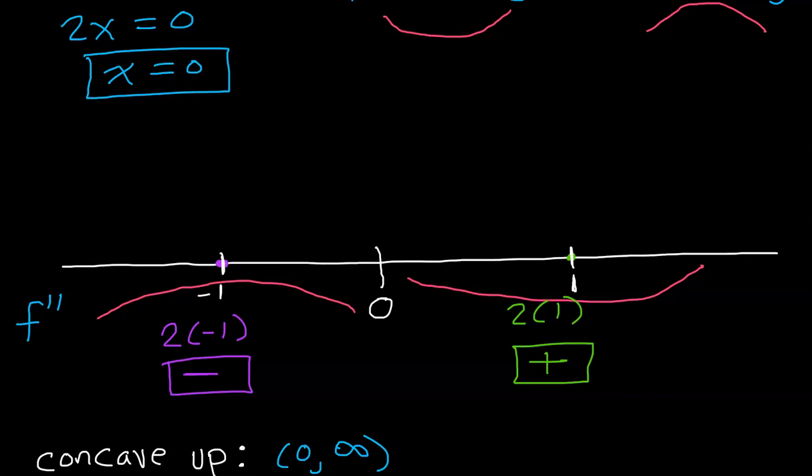First of all, let me label this area as the first derivative, because everything I do up here is going to relate to the first derivative. And I'm going to do a test value of, let's see, I'll use -2 for my first test value.